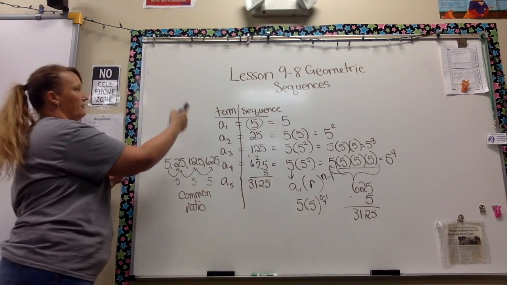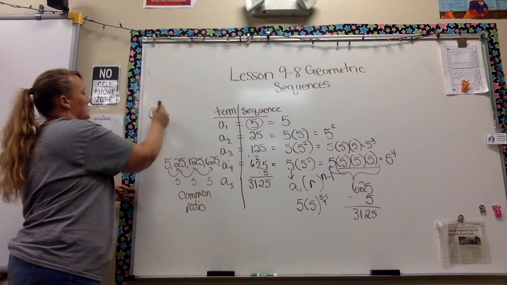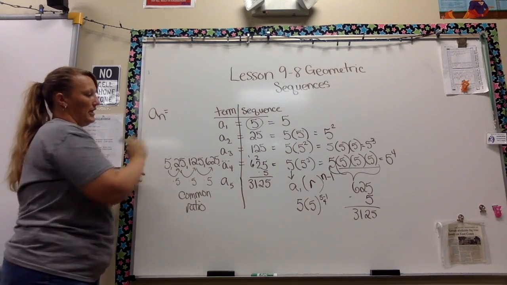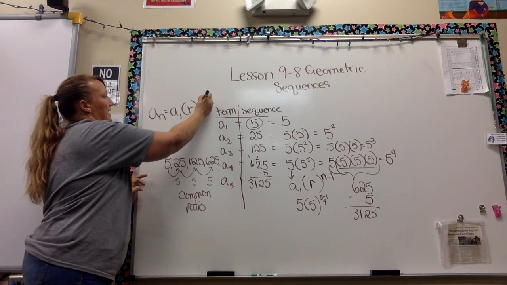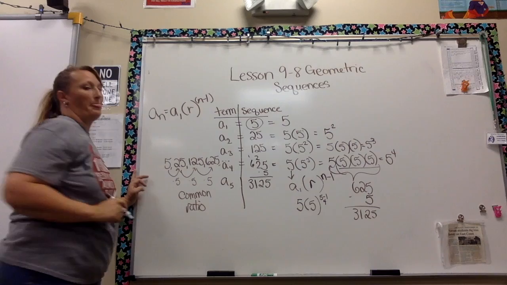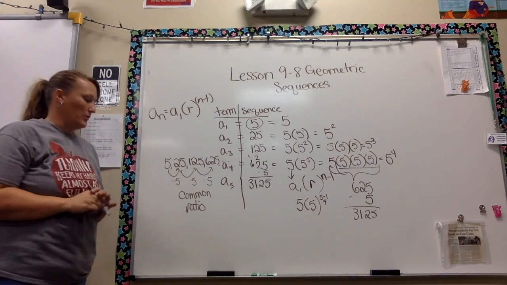So our equation for geometric sequences is a sub n equals a1 times the ratio to the n minus 1 power. So that's the equation that we're going to be using.